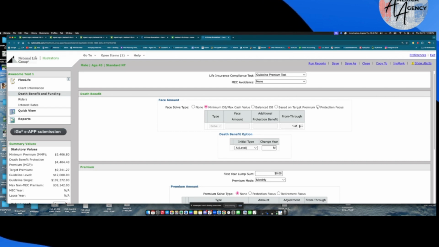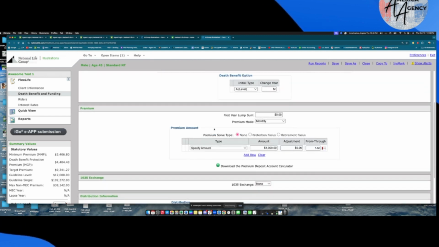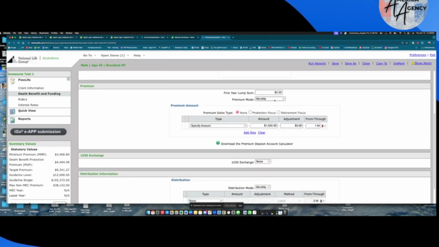Protection focus is just going to jump it to like a $1 million policy, and it's going to add a fat like 350, not really a rider, but just protection focused. So minimum death benefit is kind of where I'm always at, or balanced death benefit. Minimum death benefit is the most common I see. And then most common is monthly.